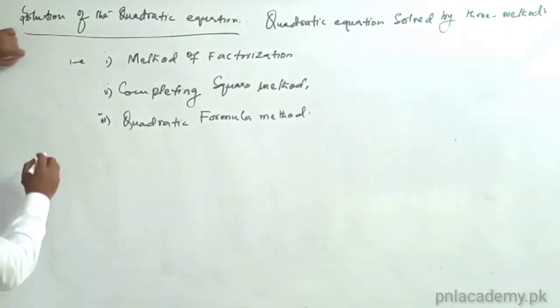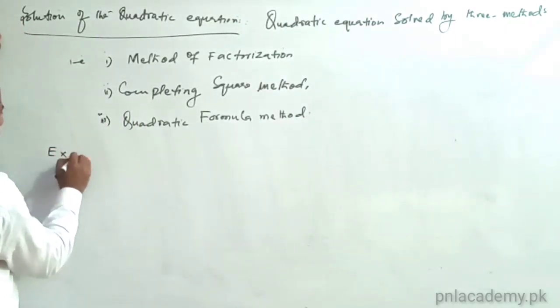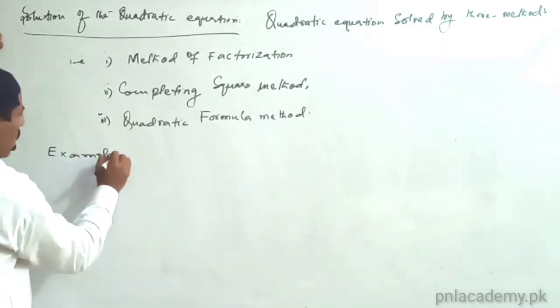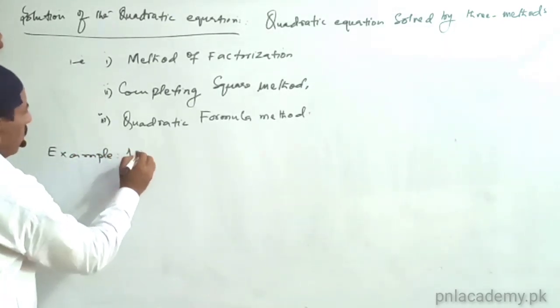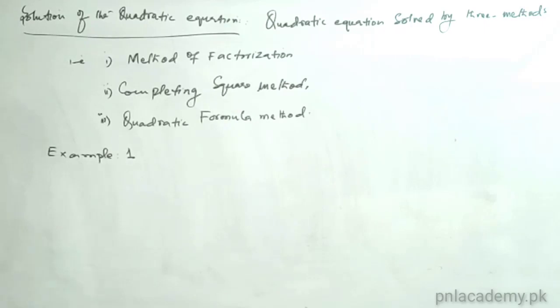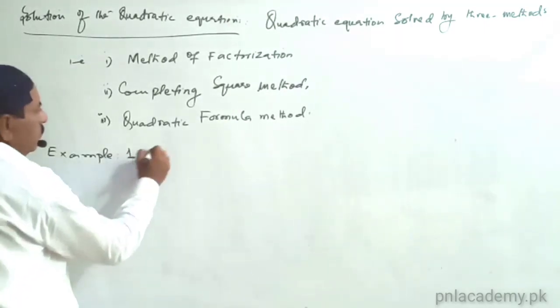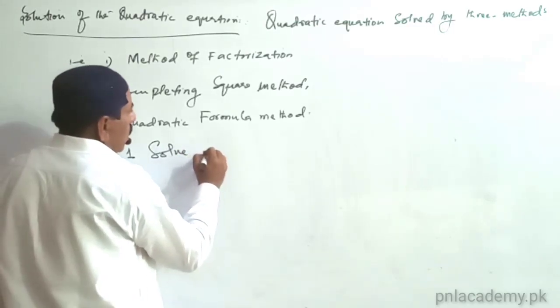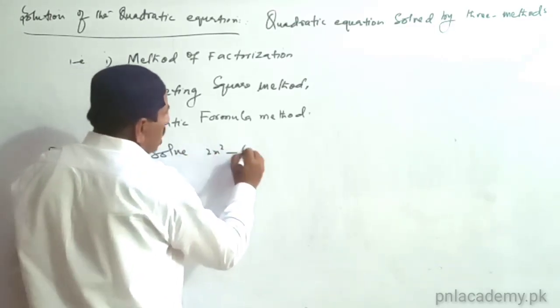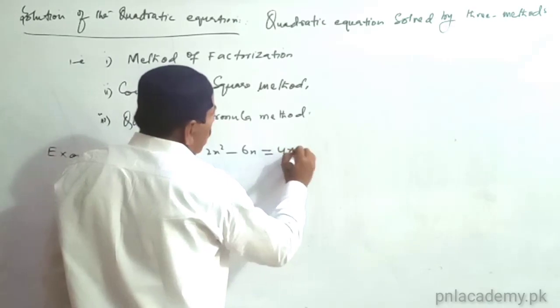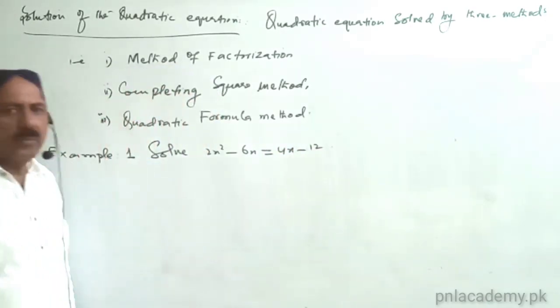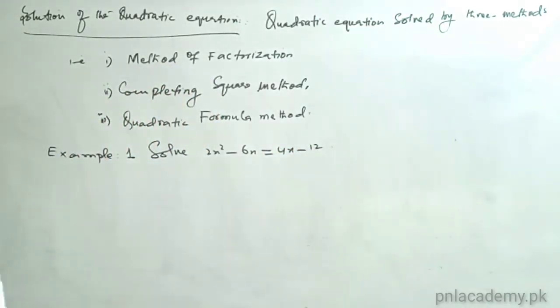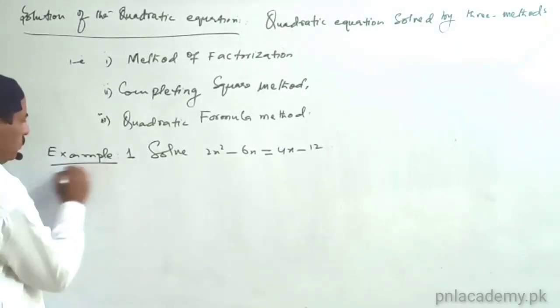So now example number 1, we have to solve 2x square minus 6x is equal to 4x minus 12. This is the equation. Solution.